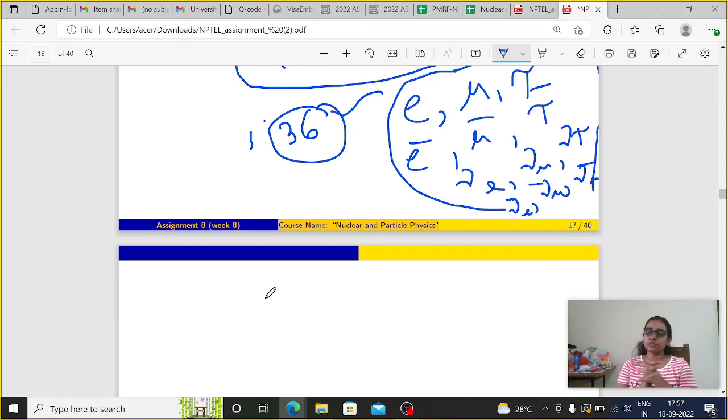Charge can mean many things, like E plus, E minus, the type of charge we are talking about all the time. But RGB is also known as charge. But charge in which sense? Colored charge.